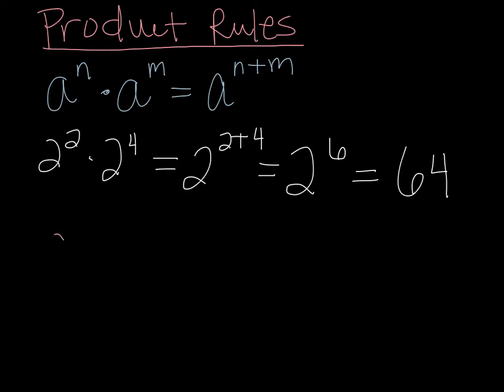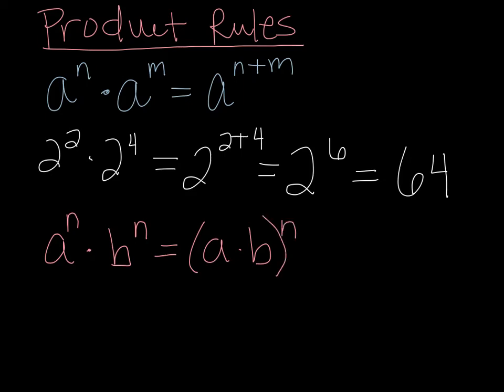Let's look at our second product rule. Our second product rule has different bases, but the same exponent. So here we have a to the power of n times b to the power of n. Then we can multiply the bases and raise them to the power of n. Let's try a numerical example with this.